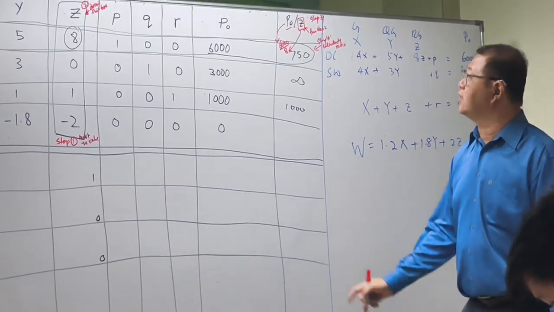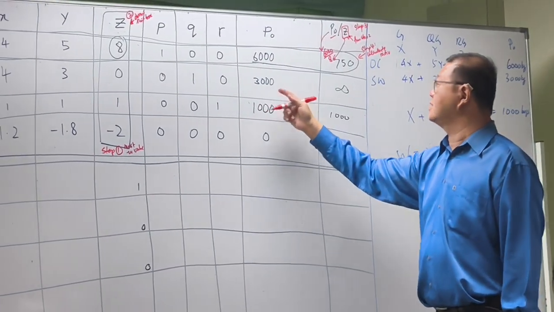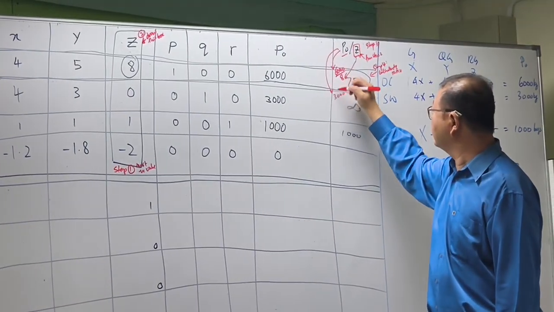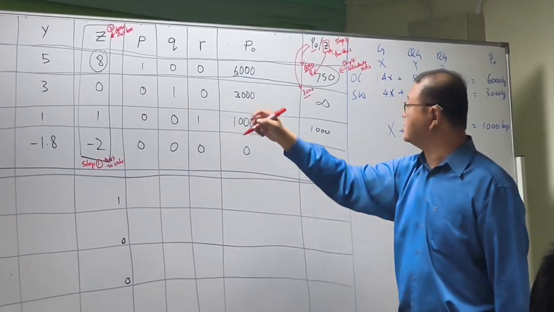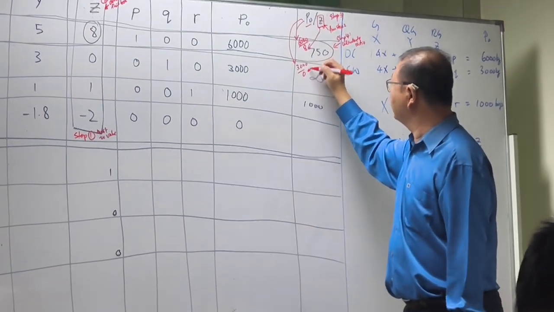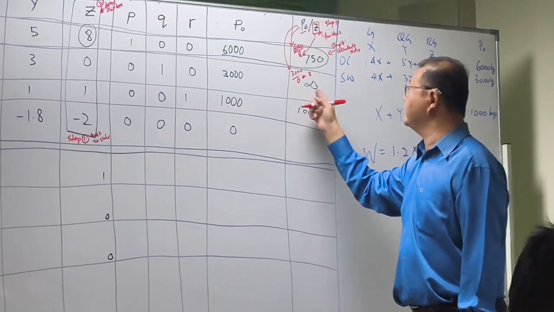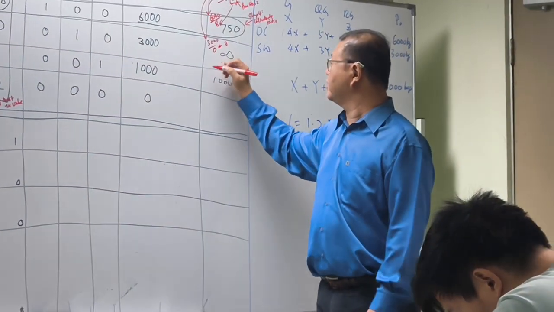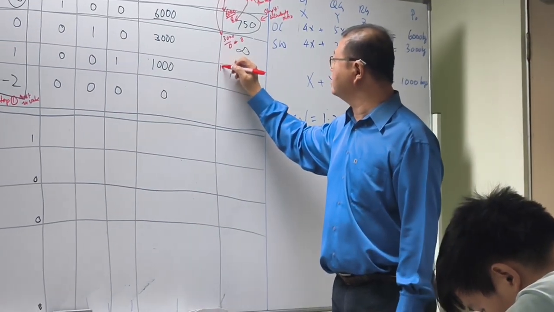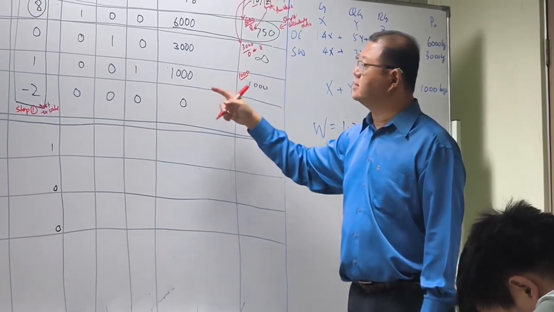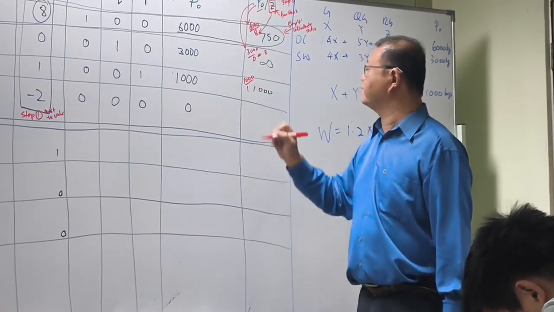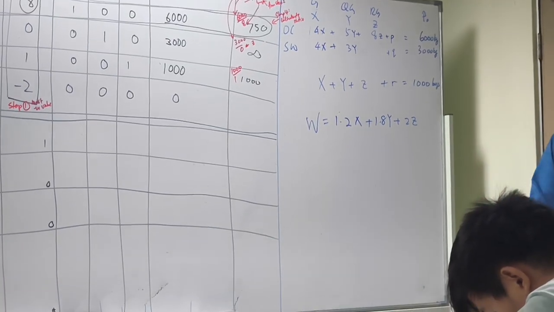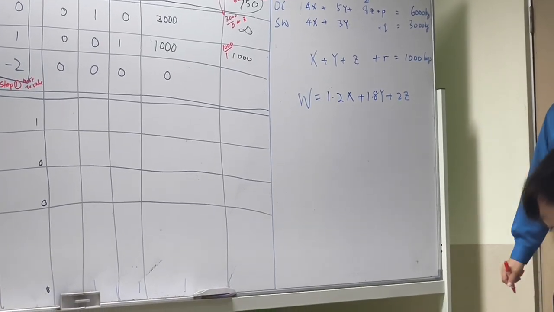What is the V naught here? V naught is 3,000, and that is 0. And for this one here, what is the P naught? P naught is 1,000 over that 1. Can everyone see? Anyone who still doesn't know where the value is coming from?